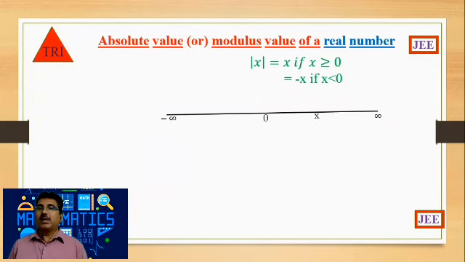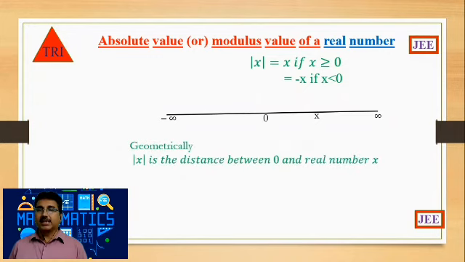Now, geometrically, mod x is the distance between 0 and a real number x. If x is on the right side of 0, then mod x is simply x.